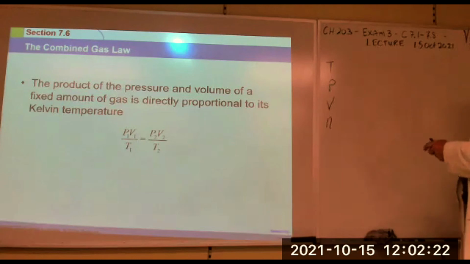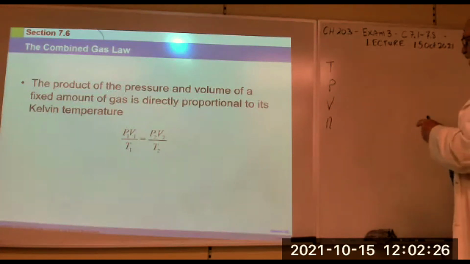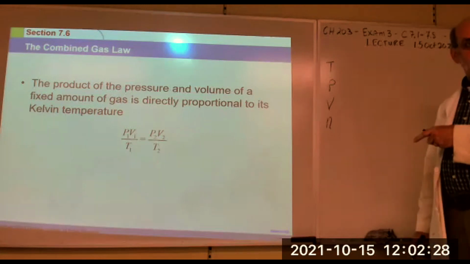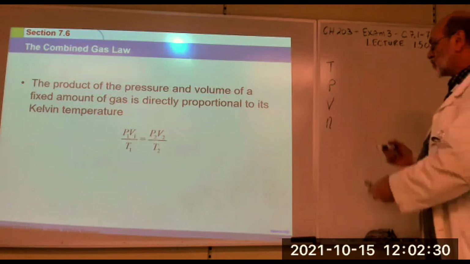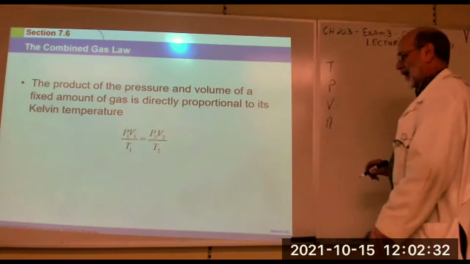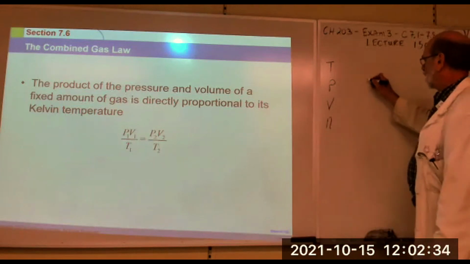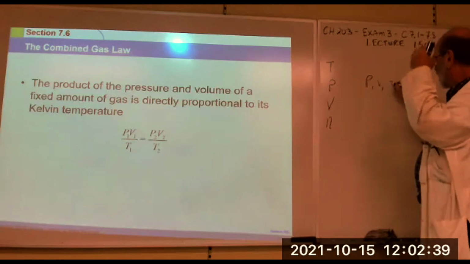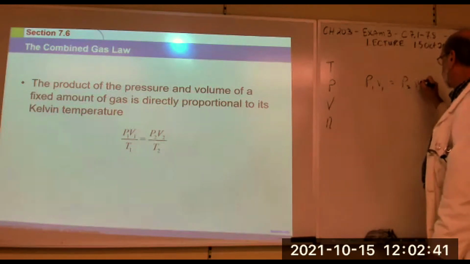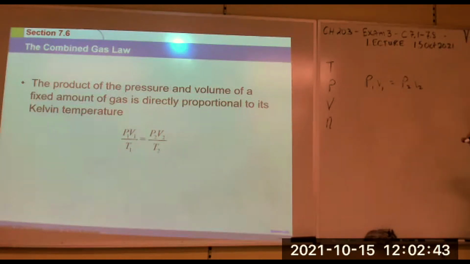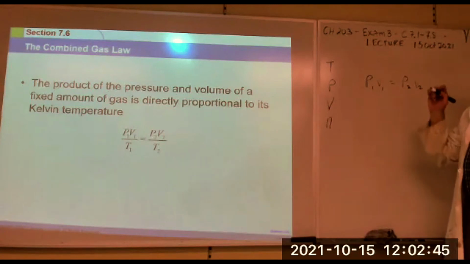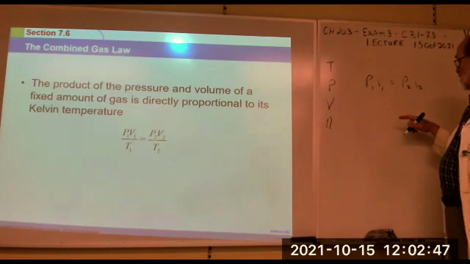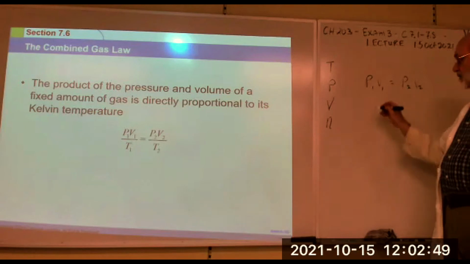So this is a version of the combined gas law, but it doesn't include Avogadro. So what we should do is say, all right, how do we get started? Well, let's start with Boyle's law: P1V1 equals P2V2. And then we introduce Charles' law. So what's the relationship of V to temperature?